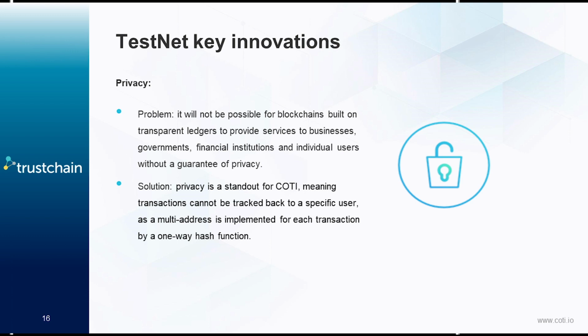So in COTI, we provided a three-layer solution for privacy, which resolves this issue and allows a one-way hash function and a one-time address, which allows you to generate many addresses for different purposes. One address can be generated for each transaction, for example, and totally anonymous transactions in the system.